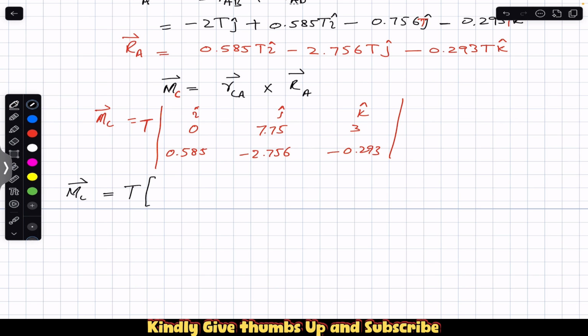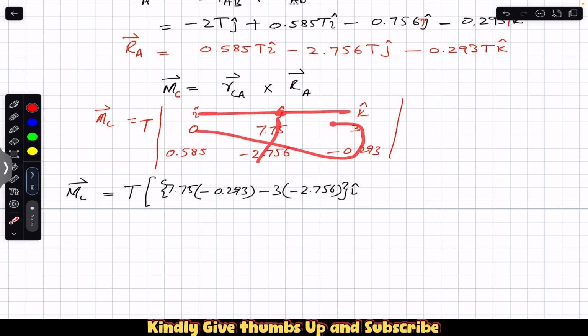for I, we have to hide this row and this column, so this minus this. So we can say 7.75 into minus 0.293 minus 3 into minus 2.756, and this will be I. Similarly, for J, we have to hide this row and this column, so 0 into this minus this.